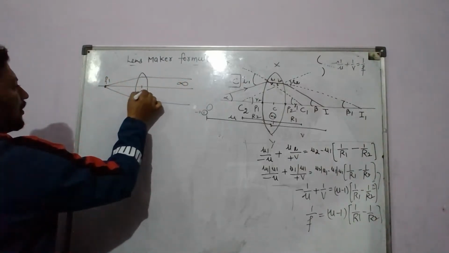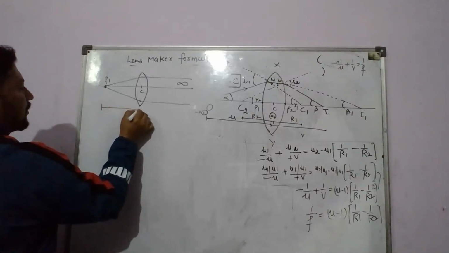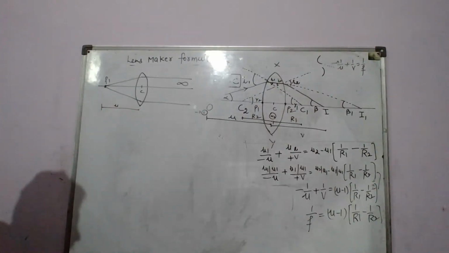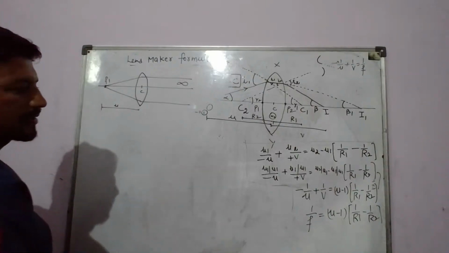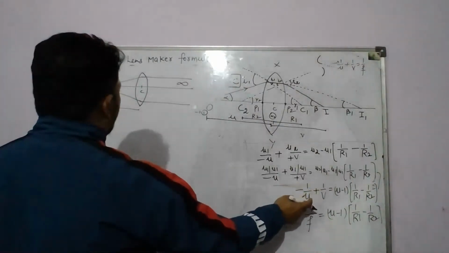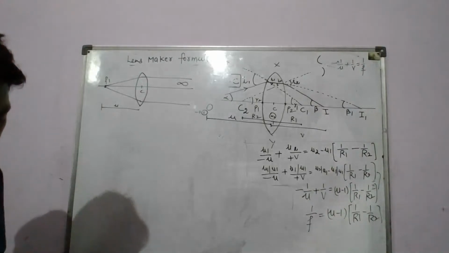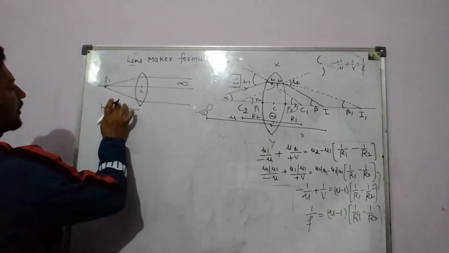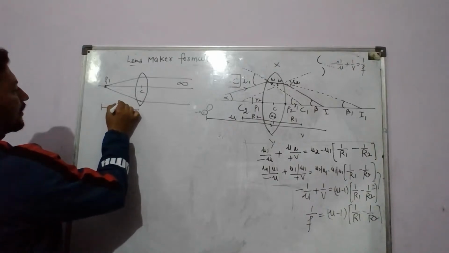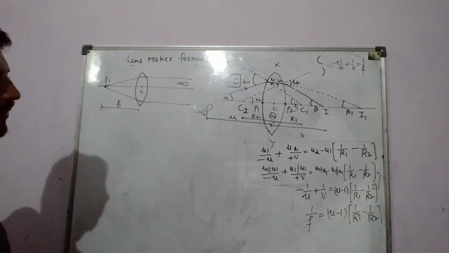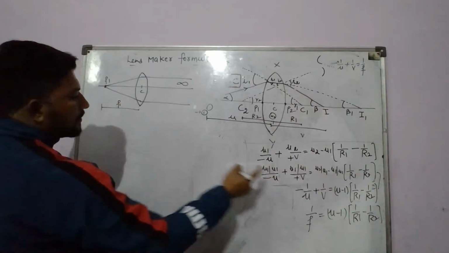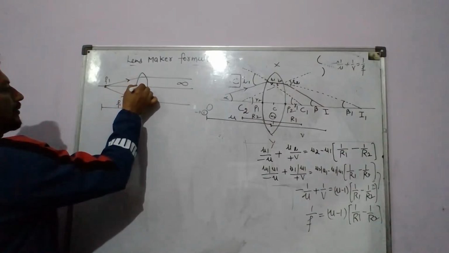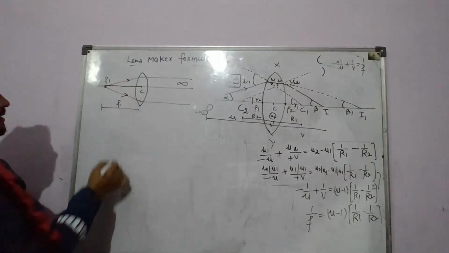It's your optical center, and this is your object u. So using the lens formula, minus 1 by u: here you write f1 in place of u. Incident rays are traveling in this direction, and you calculate the distance in the opposite direction.